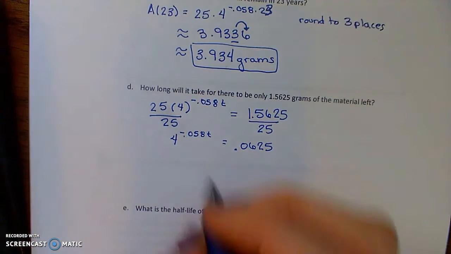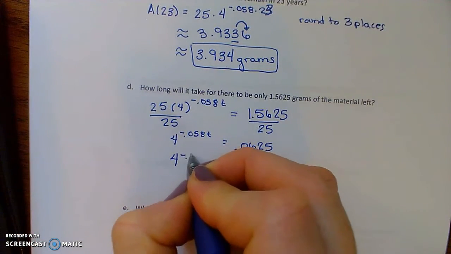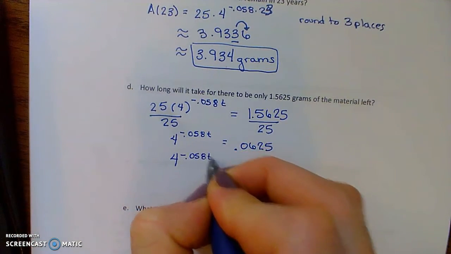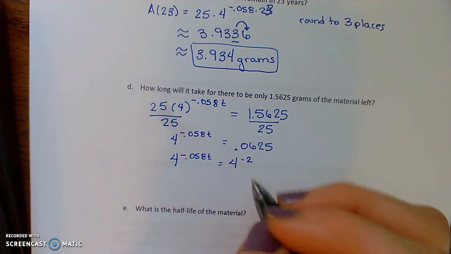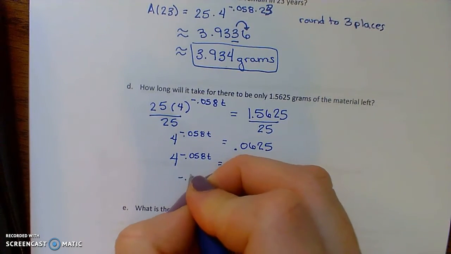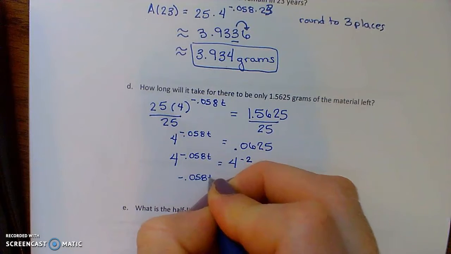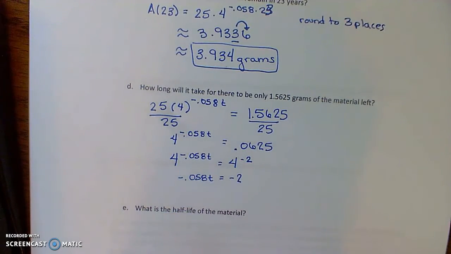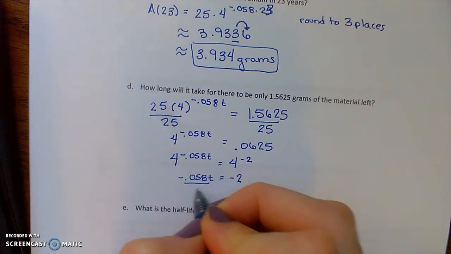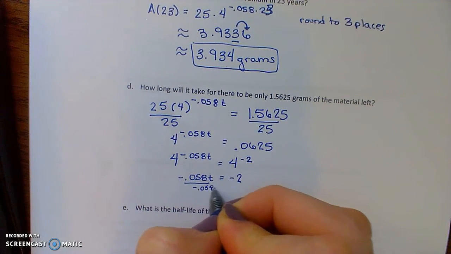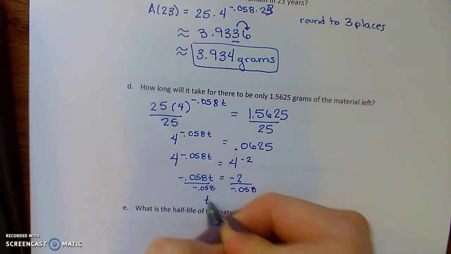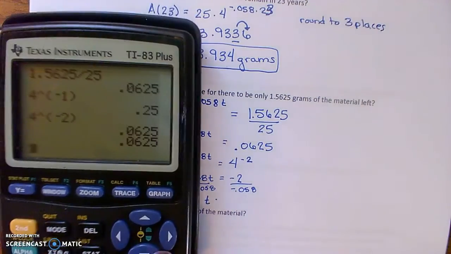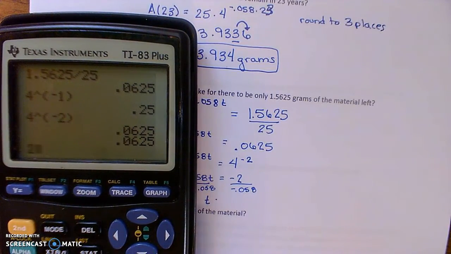So now I can rewrite this: 4 to the negative 0.058t equals 4 to the power negative 2. And now you can set those exponents equal to each other. Divide both sides by negative 0.058, and then we should get an approximate time for t. So 2 over 0.058.